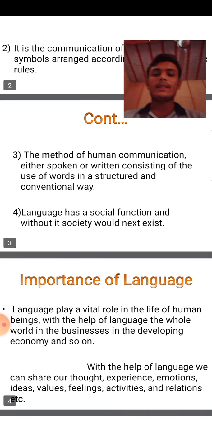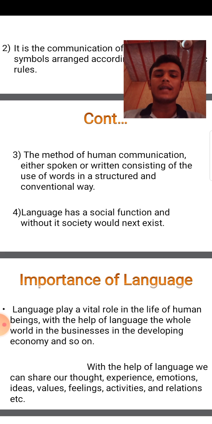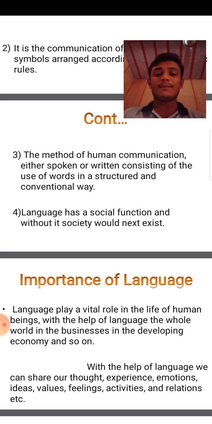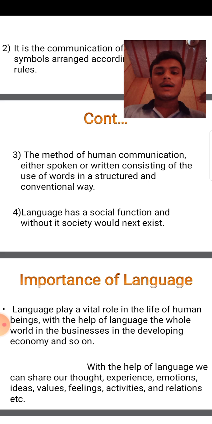Number 3, the method of human communication, either spoken or written, consisting of the use of words in a structured and conventional way. The method of human language. Through language we have many systems of language in written form and in spoken form.